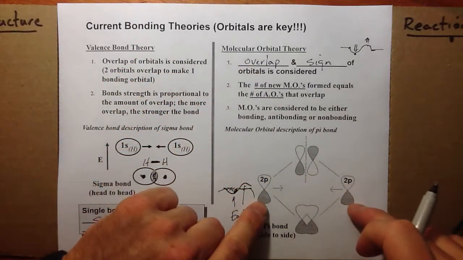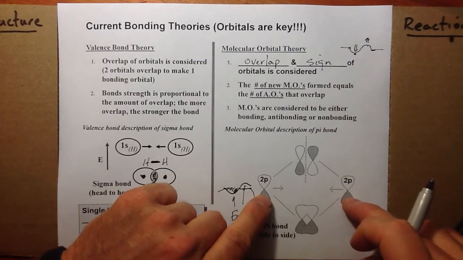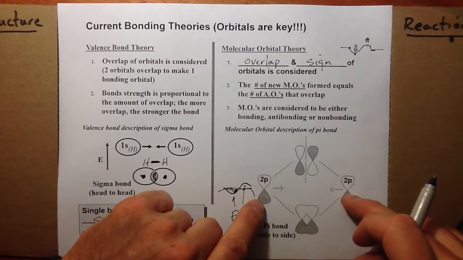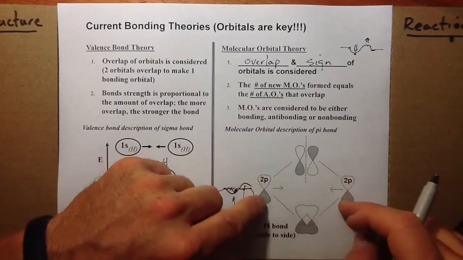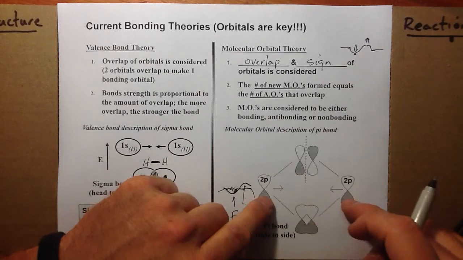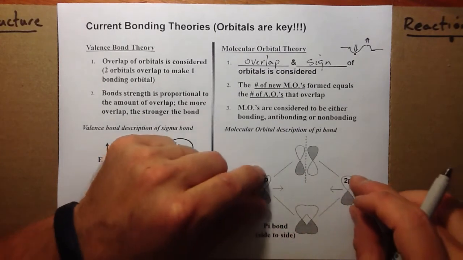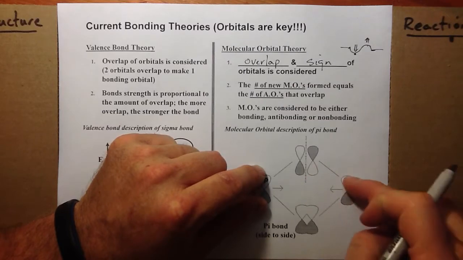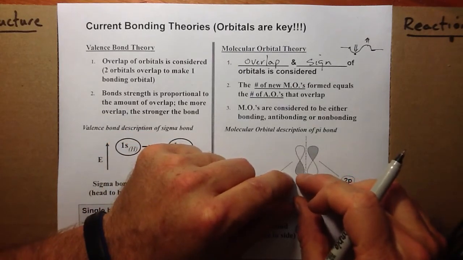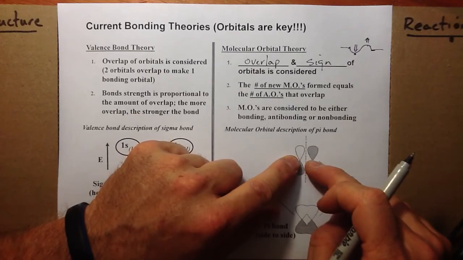We can have constructive interference, gray to gray, crest to crest, that would increase the amplitude of the wave, and that would give us what we call constructive interference. However, if we flip this over so that the white is down and the gray is up, we would have destructive interference, what we see up here.